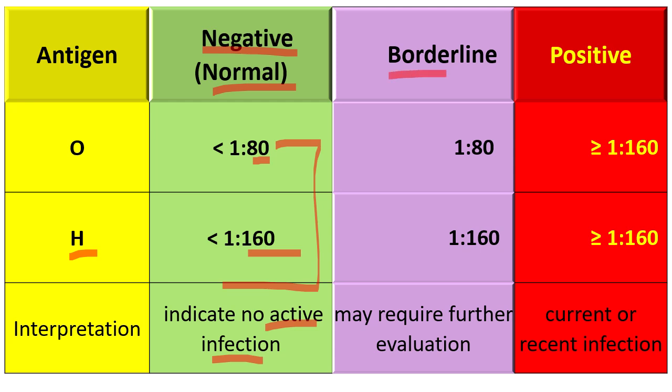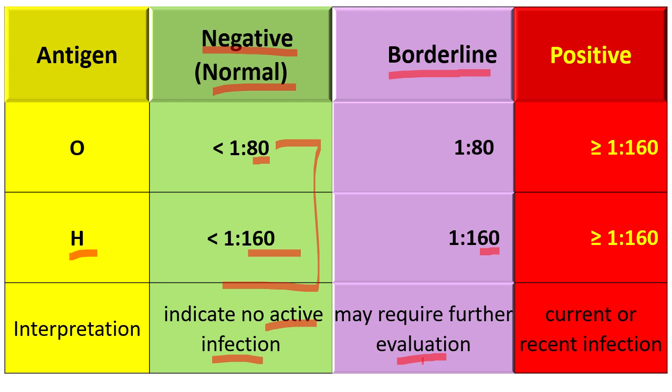Second, borderline: O antigen titer 1:80 and H antigen titer 1:160 means it may require further evaluation. It is a borderline level, so a further Widal test is needed for confirmation.